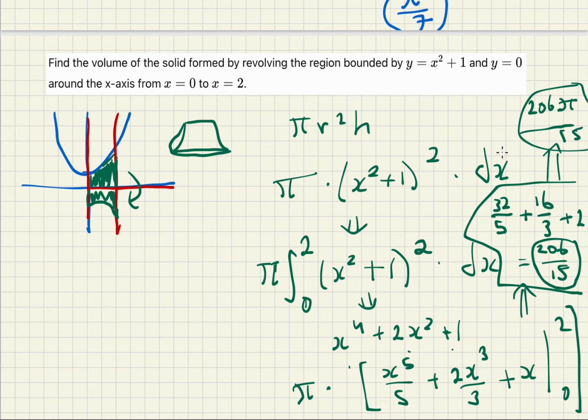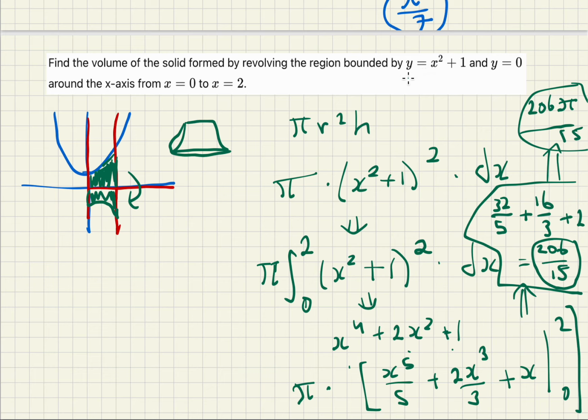In all our practice questions, you replace it with dx because you're revolving it around the x-axis. If you revolve it around the y-axis, it would just be in terms of y. So here it tells you y equals x squared plus 1. You would have to algebraically solve for x.